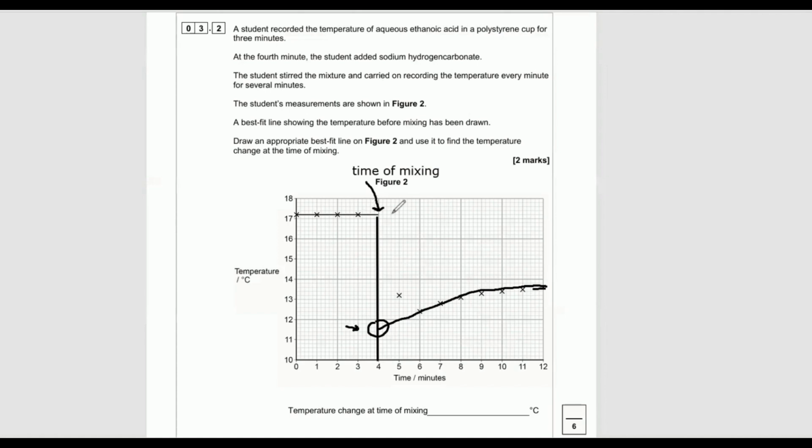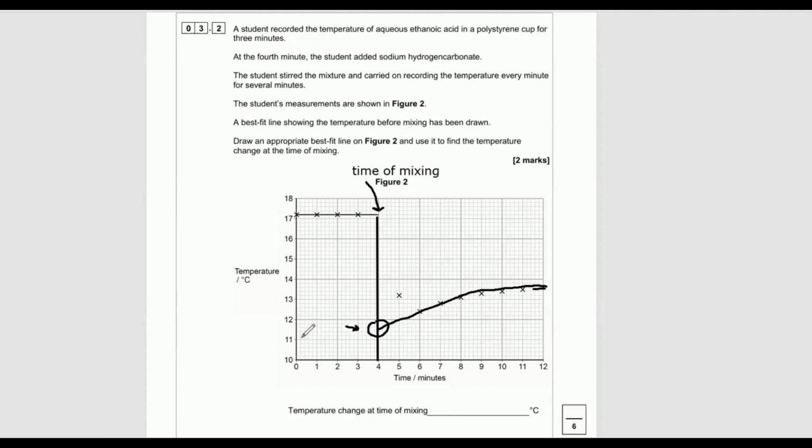this is the initial temperature, and this is basically our starting temp. So what I need to do here, guys, is work out where that's crossed that line, and that is my initial temperature upon mixing. So it dropped from 17 at the time of mixing to, what is that, 11?